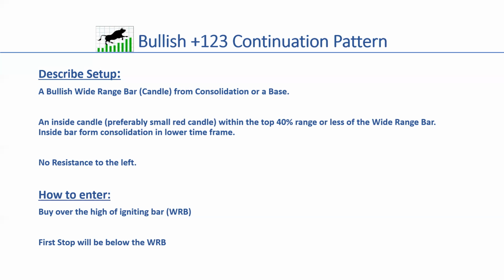When the third, continuation bar happens, if it has high volume, that would be a plus. So once the setup is formed, and we are very confident and clear that this is the setup and we are ready to take the trade, let's talk about how to enter in this setup.